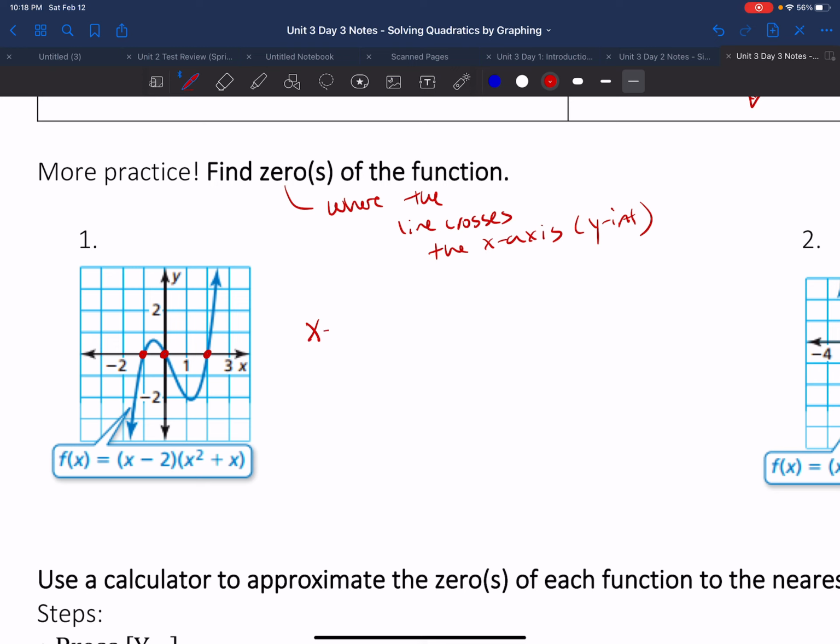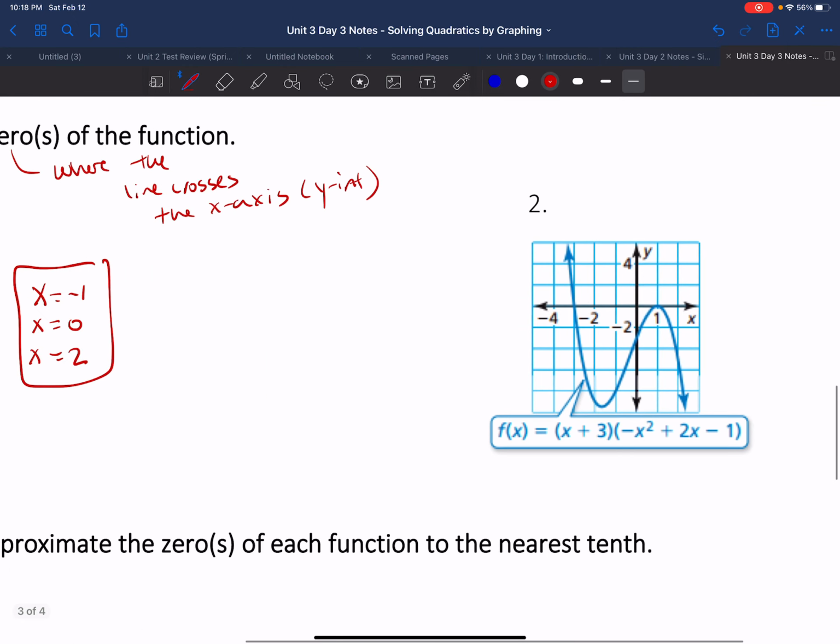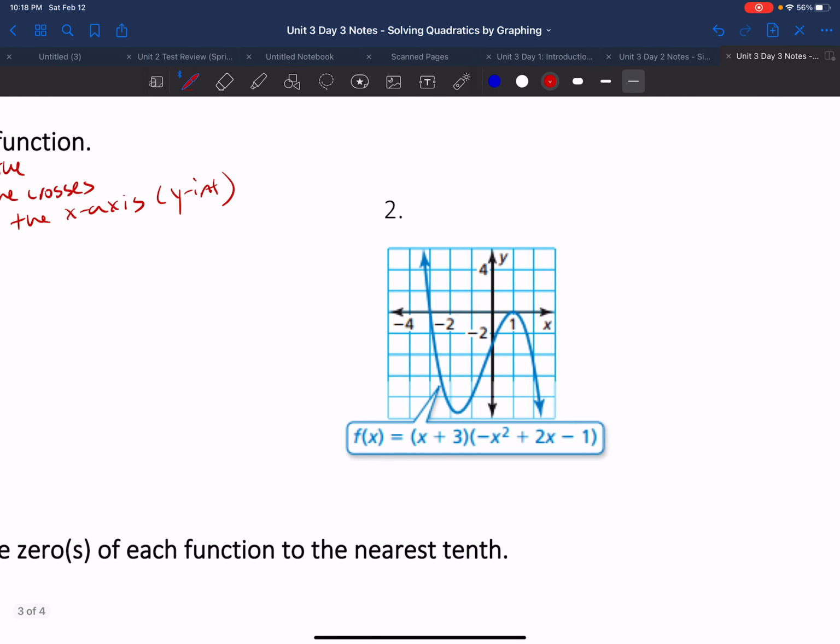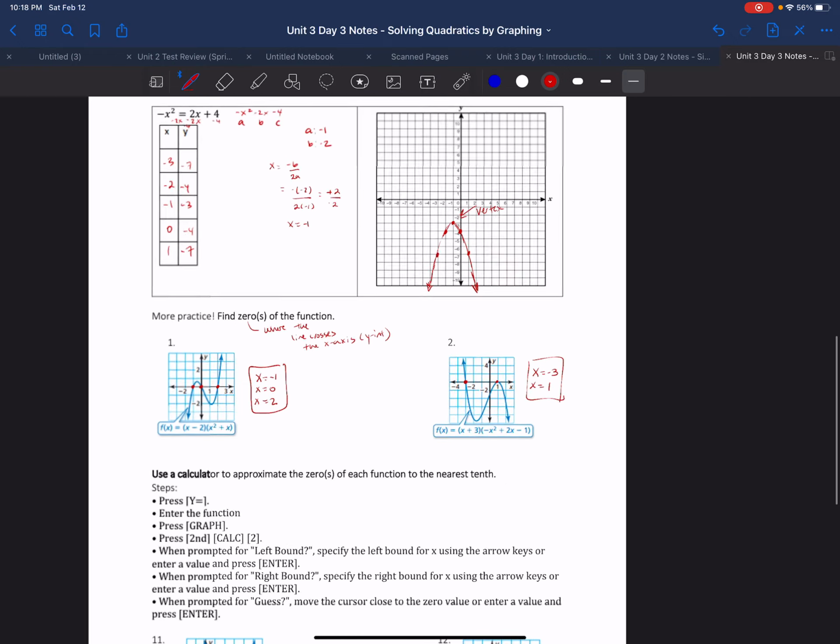It's at x is equal to -1, x is equal to 0, and x is equal to 2. And here we take a look at number 2. It crosses here and here, so it's x equals -3 and x is equal to 1. Those are our answers.